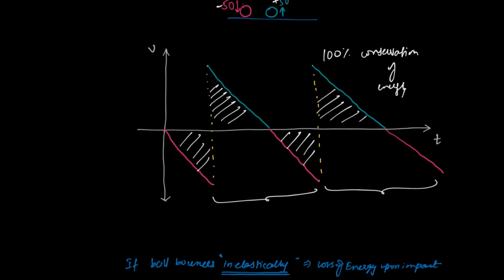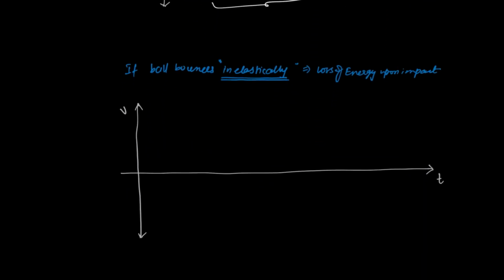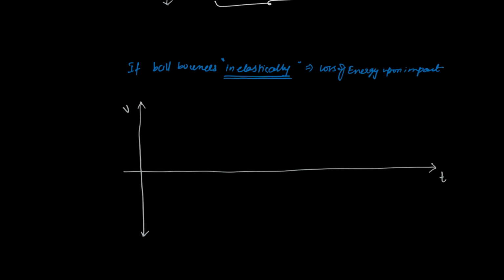Alright, moving on, if the ball collides inelastically, what would happen? We already know that if the ball collides inelastically, over the course of every bounce my energy would get lesser and lesser.